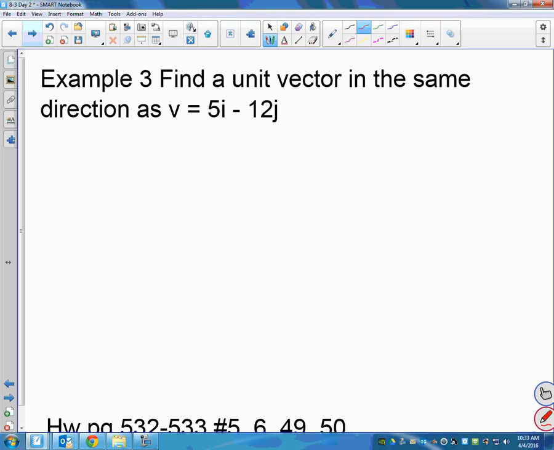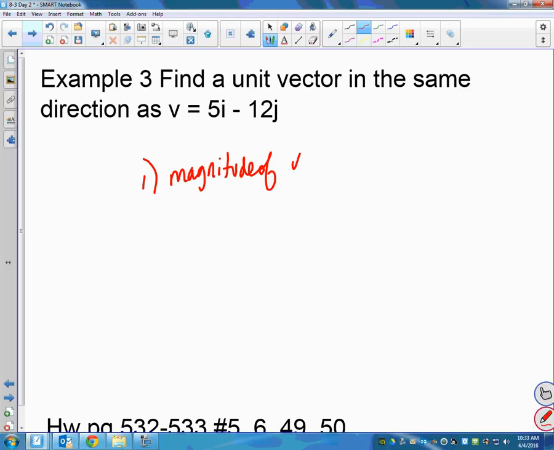Okay, so the other thing that you have to be able to do is change a vector that's not a unit vector into a unit vector, but we want it in the same direction as this vector, 5i minus 12j. So, kind of 2 steps to this. Step 1 is you want to find the magnitude of the vector they give you.